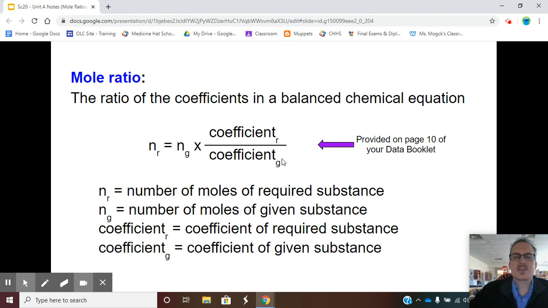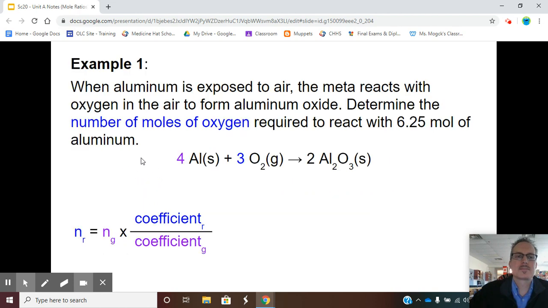So a coefficient is a balancing number from the equation. Here is the number of moles given to us. It'll be a math number in the question, 5 moles, 3.2 moles, something like that. R is what we're trying to find. That is what we are trying to locate. That is what we're trying to calculate. That is our required substance. I would love to know what that number is.